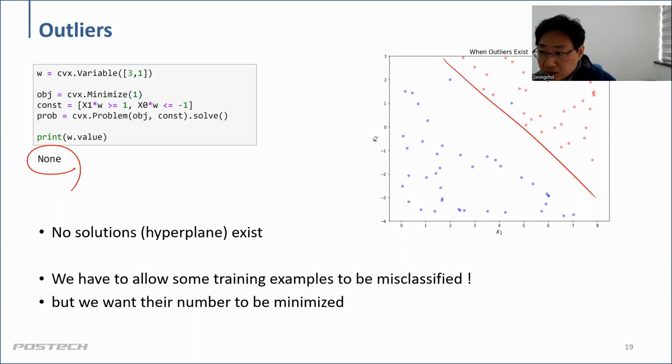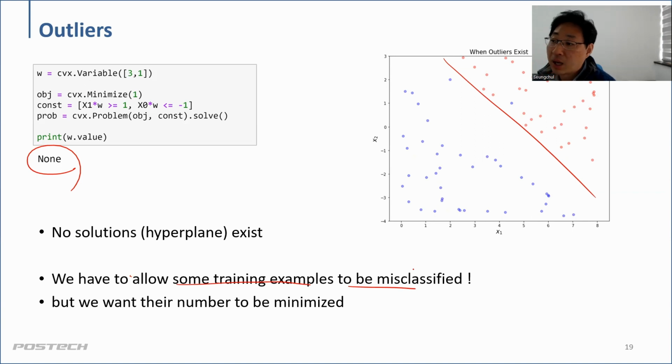And the idea here is a good point that you have to follow very carefully, to see how people thought to overcome these issues. We have to allow some training examples to be misclassified.